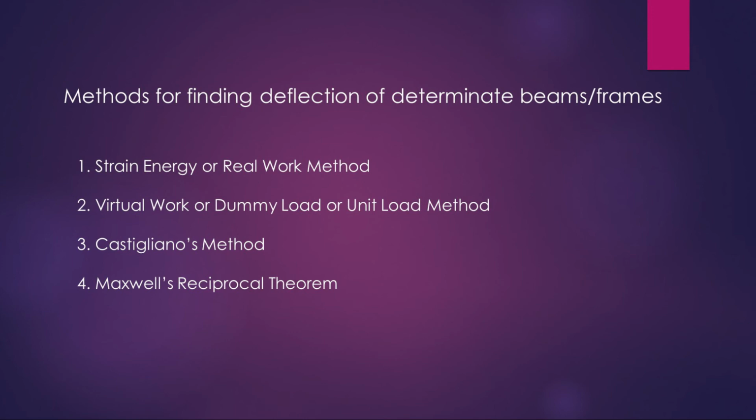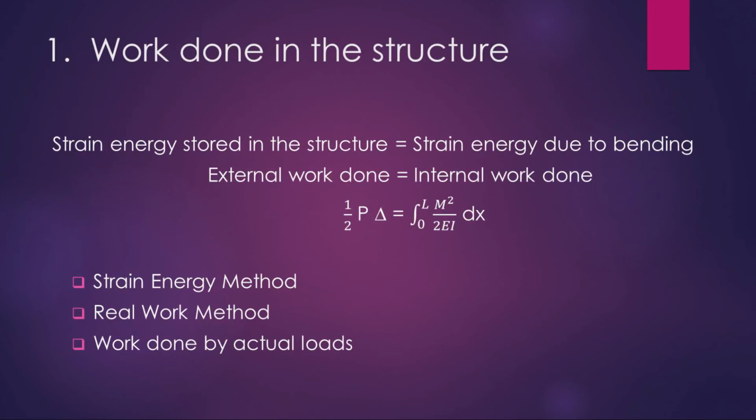So now we have determined a relation, that is the work done in the structure. So this comes under strain energy method. Strain energy stored in the system is equal to the strain energy due to bending. Strain energy stored in the system can be written as the external work done caused due to the loads acting on the structure. Strain energy due to bending is given as the internal work done.